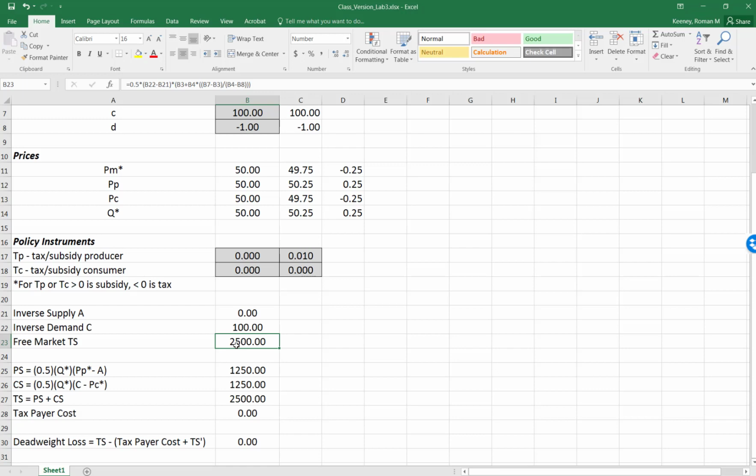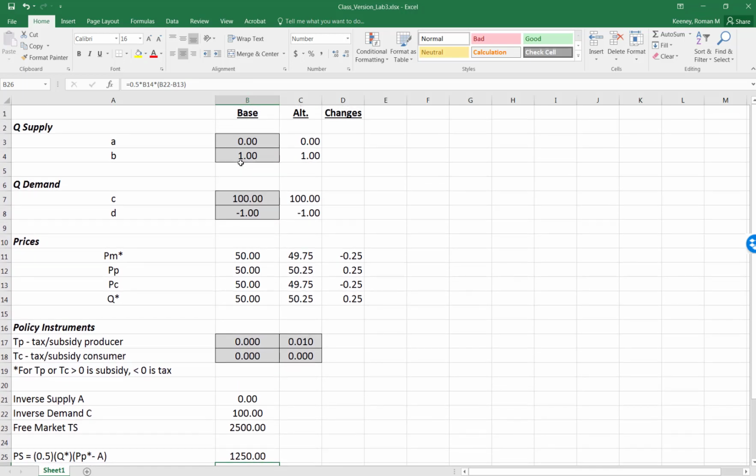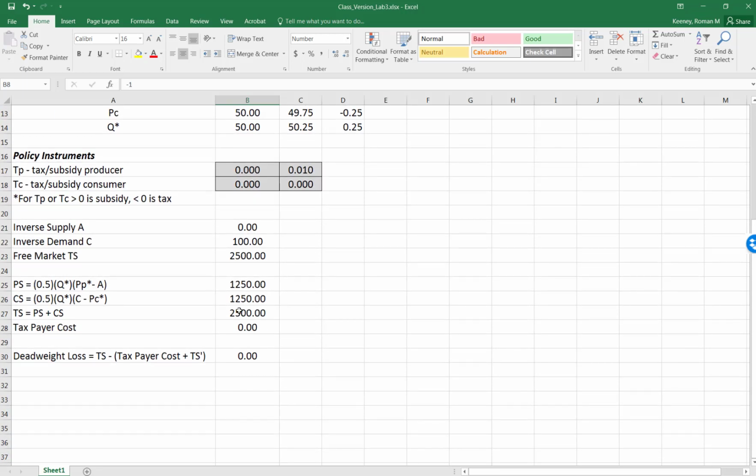The free market total surplus is $2,500. Producer surplus and consumer surplus are $1,250 each. We expect that because they have the same values, or the same distance from 0, for the supply slope and the demand slope. The total surplus calculated a second way.